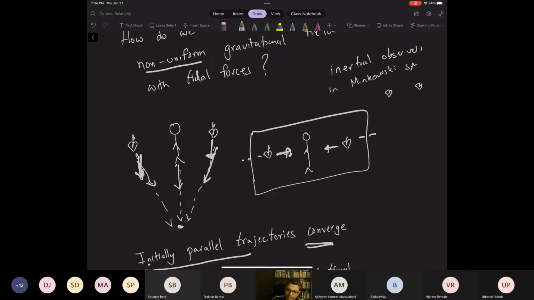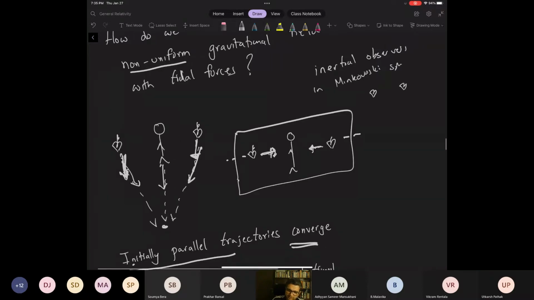Now if I go to an accelerated frame of reference, then in that frame they would both appear to fall, but they would always remain parallel to each other. Now, if you have a non-uniform gravitational field, the expectation is that the apples should move towards each other. So this equivalence principle holds for uniform gravitational fields. The question is, what happens in a non-uniform gravitational field?